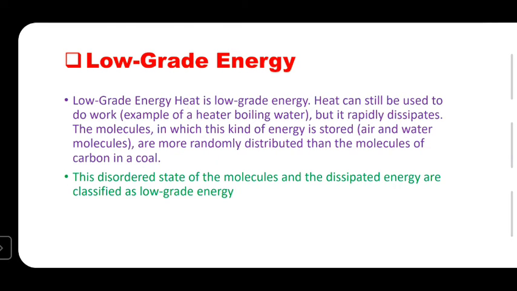Heat can still be used to do work, for example, a heater or heating boiling water. In case of a boiler, there is a combustion of fuel, and chemical energy is converted into heat energy. Due to the combustion, a tremendous amount of heat is developed.